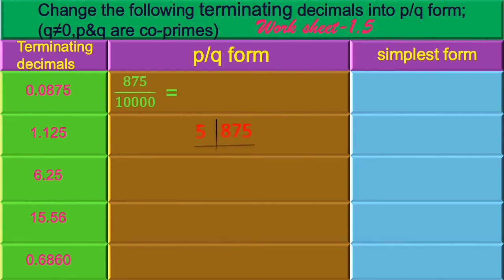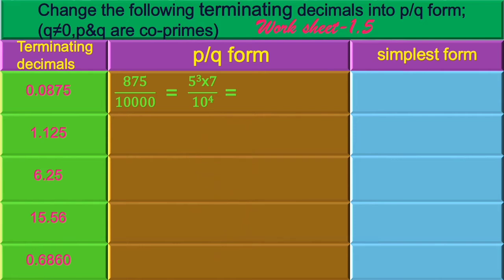On prime factorization of 875, we get 5 cube into 7. So it can be written as 5 cube into 7 by 10 to the power of 4.